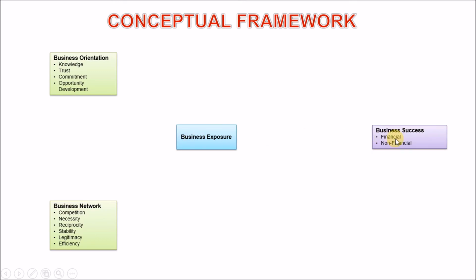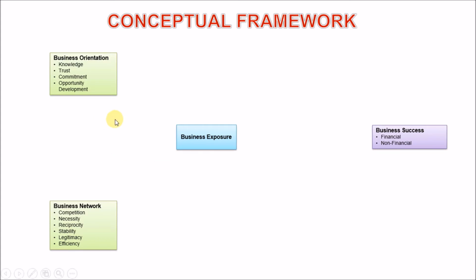So we have altogether 4 constructs or 4 variables, where we have 2 independent, 1 mediating and 1 dependent variable. All right, so all these variables and the relationships between and among them should be justified through empirical and theoretical review.